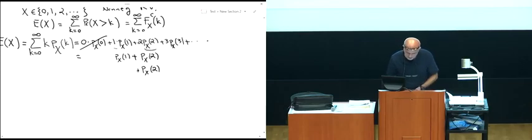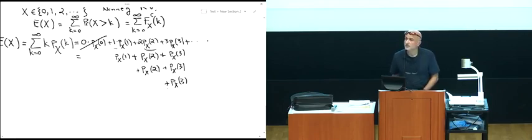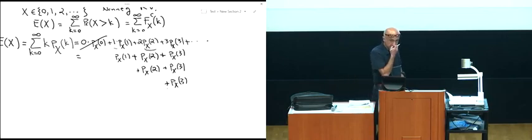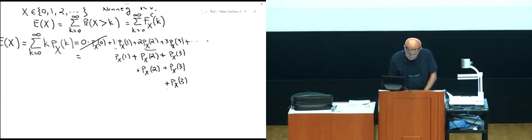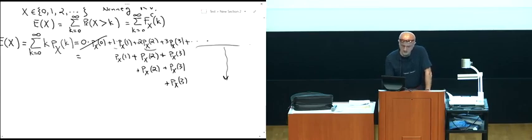How many of the other one do I have? 3. So I'm going to write one here, and one below. And I'm going to keep doing this. So I'm summing all these rows from here down. The fifth one here, I'll have 5 terms corresponding to it. Is everybody good? All right.